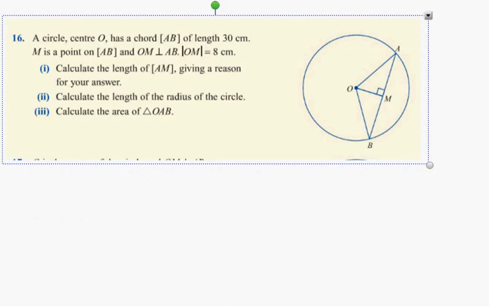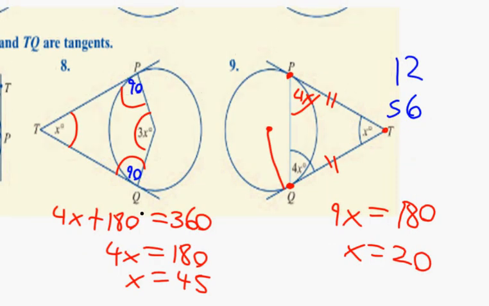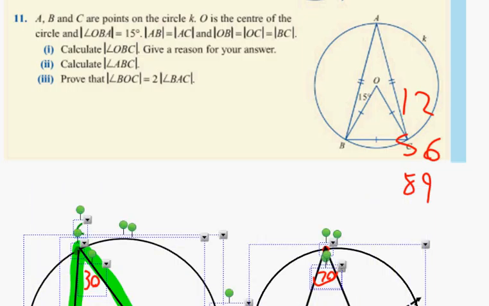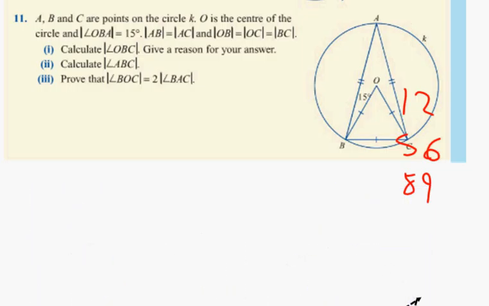Now, with that in mind, we're back to question 11. Okay? Now, in question 11, do you see any of the rules I was talking about earlier? Star Trek sign. You see the Star Trek sign straight away.